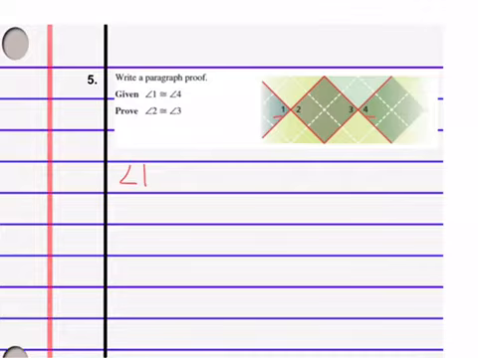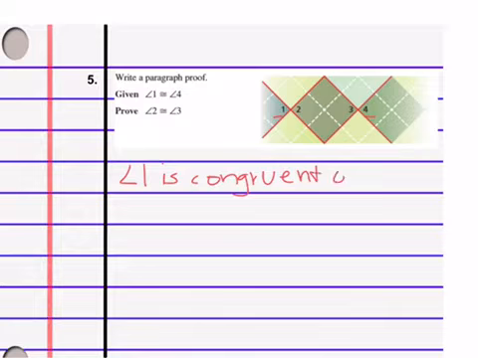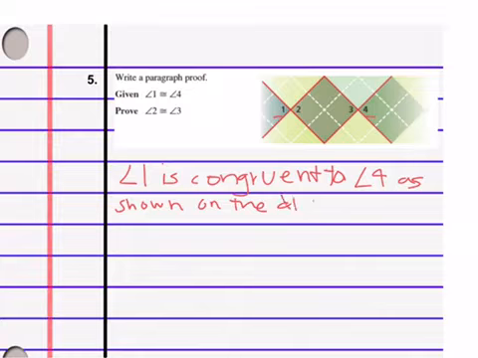Angle 1 is congruent to angle 4. I'm going to say as shown on the diagram. Kind of like we would have said given in a 2-column proof.